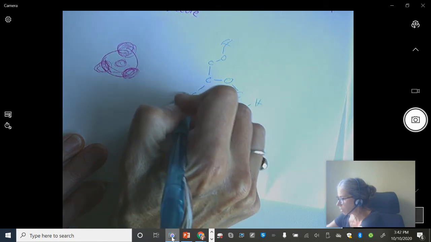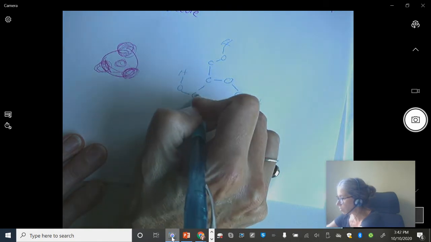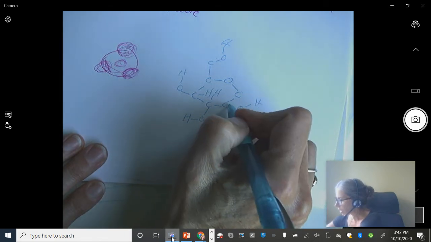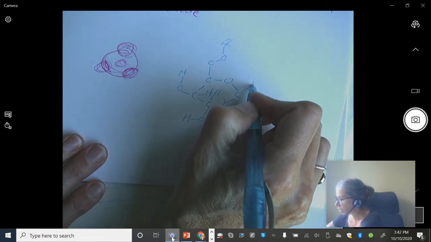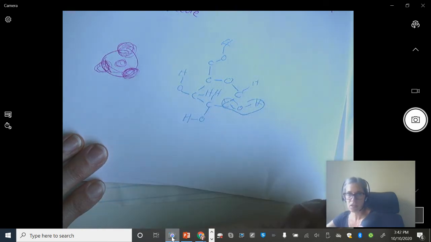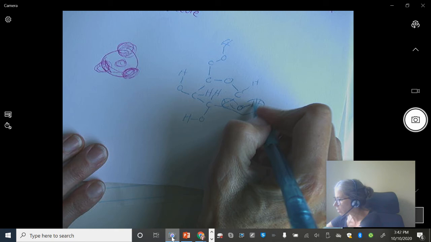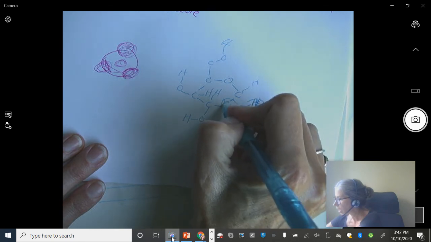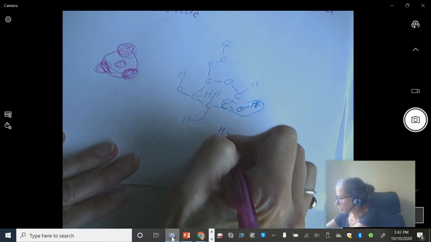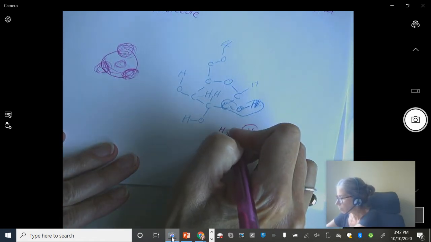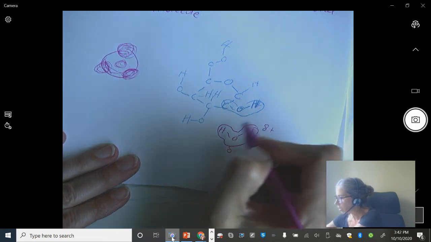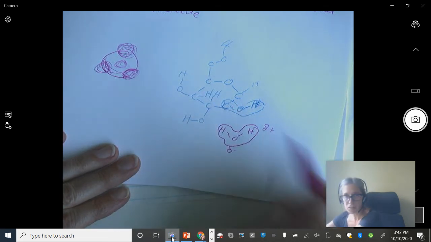Pretend I have 4 bonds coming off of every carbon. Anyway, see how this OH, the O to the H, doesn't that kind of look like water, right? Here's a water molecule. One side's negative, the other side's positive, right?